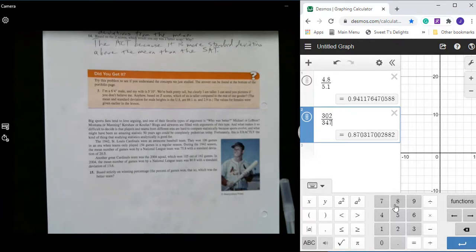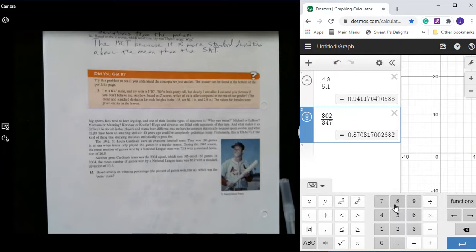The 1942 St. Louis Cardinals were an awesome baseball team. They won 106 games in an era when teams only played 154 games in a regular season. During the 1942 season, the mean number of games won by a National League team was 75.8 with a standard deviation of 20.5.